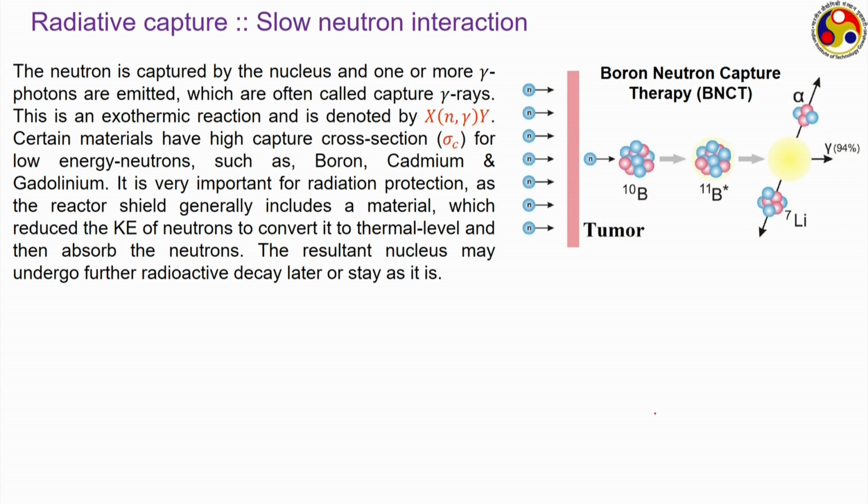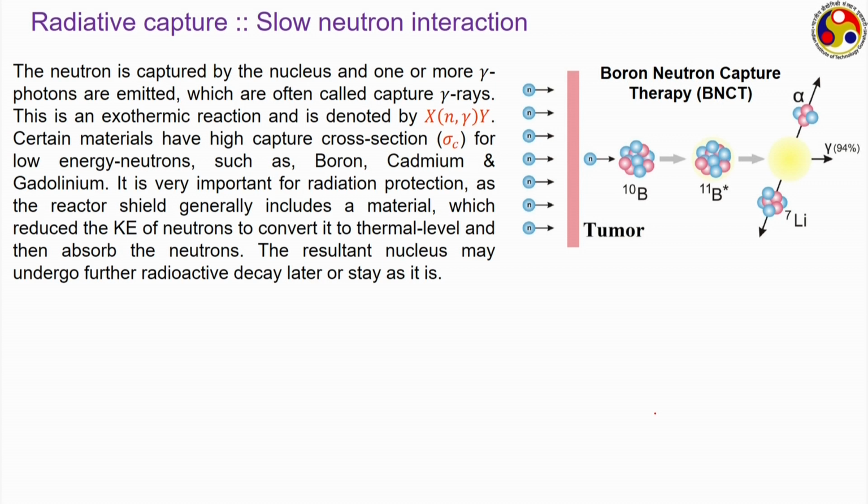So this reaction is always an exothermic one, and it is generally denoted, as per our previous notation, by n, gamma, where n is the incident neutron and gamma is the product, and x and y are of course the parent and the daughter isotopes respectively.